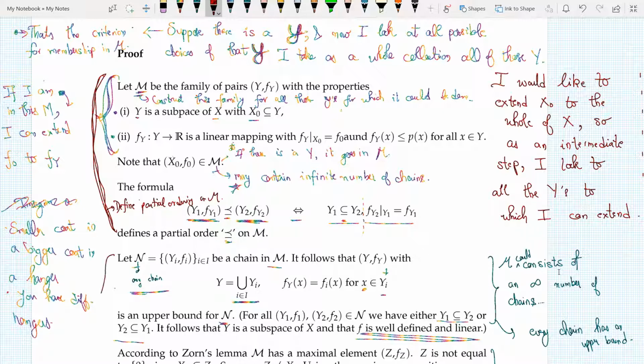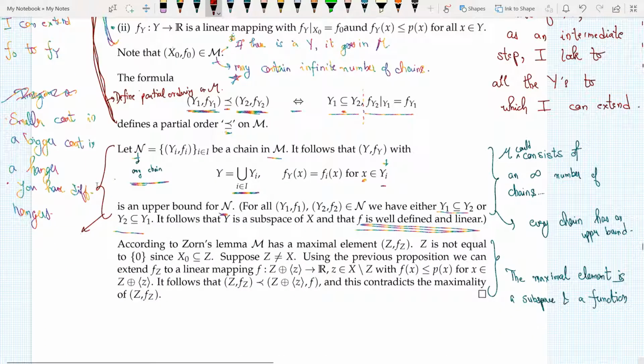And now I said that within that partial ordering exists a chain, such that this chain, capital N, has a maximal element. So within my partial ordering, there exists a chain with a maximal element.